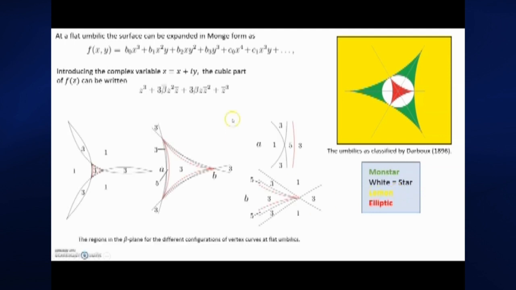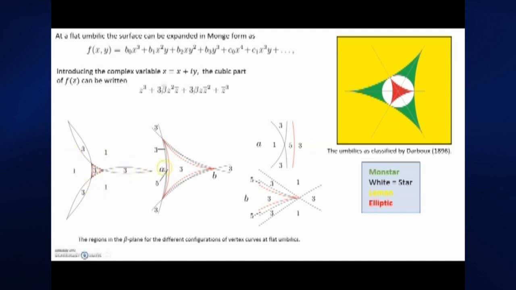Now for us, the classification is different, and we have these pictures on the surface, and in the beta plane. These curves, of course, lie in the beta plane. And these correspond to the discriminants of a quintic equation, and it separates the plane into regions 1, 3, and 5, where the numbers correspond to the numbers of branches of the V curve which have 0 radius as a limit as you approach along the vertex curve.